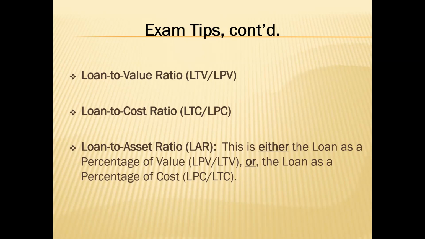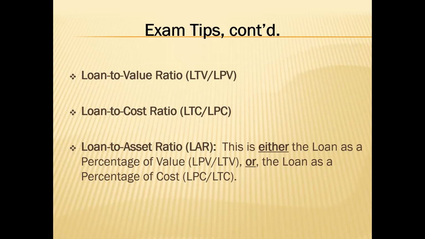So the answer for the percentage is correct. The loan as a percentage of the value of the collateral security, LPV, and then the LPC. The bank will lend on the lower of the LPV or the LPC, or some people call it the LTV, the LTC. One is value, one is cost.